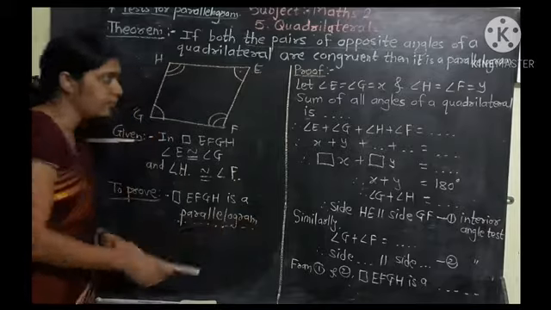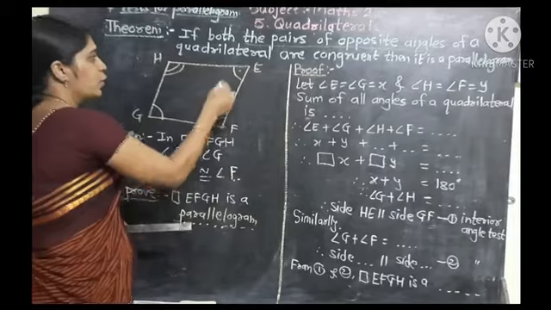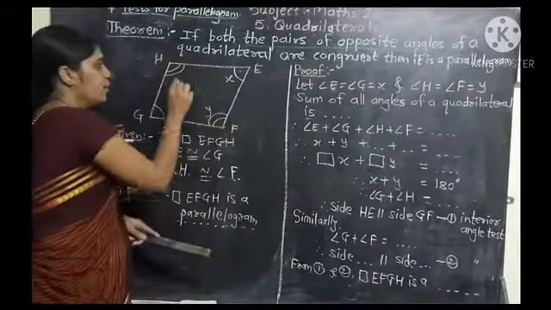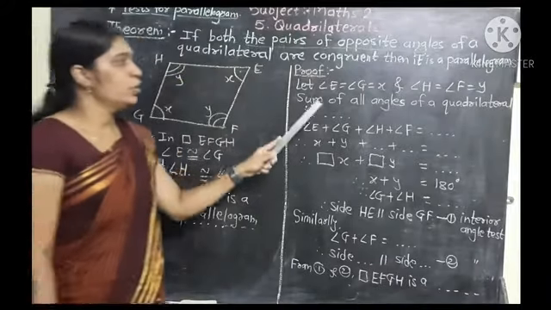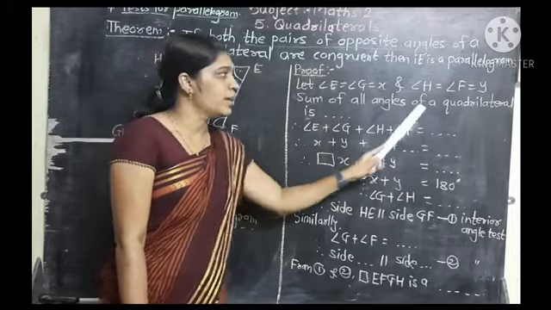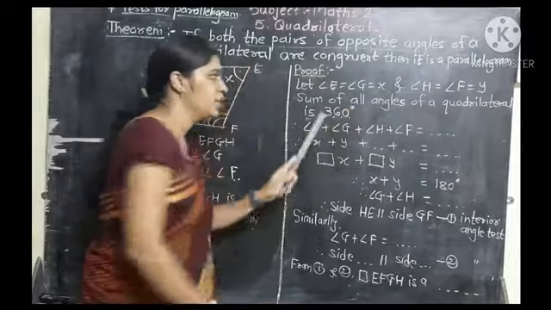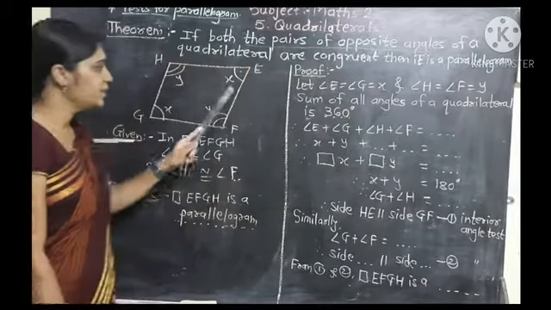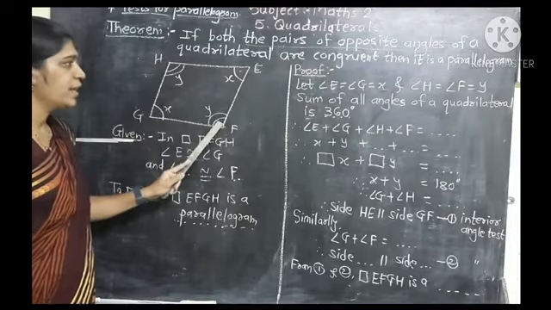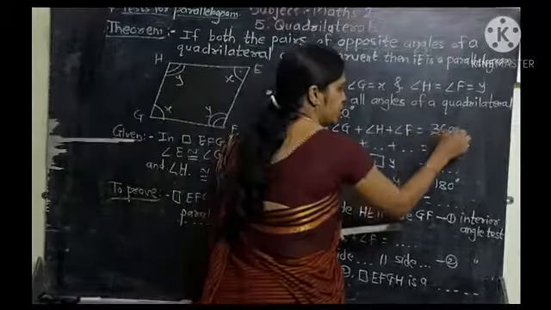Okay. Now the proof, see. Let angle E and G be equal to x. It is given x. And angle H and F be y. We know the property of quadrilateral. What is the property? The sum of all angles of a quadrilateral is 360 degrees. So we write angle E plus angle G plus angle H plus angle F is equal to 360 degrees.